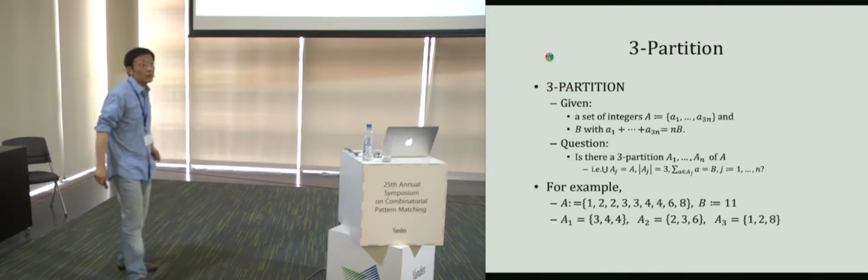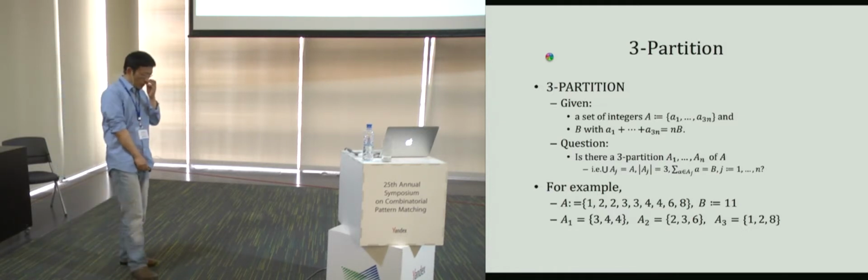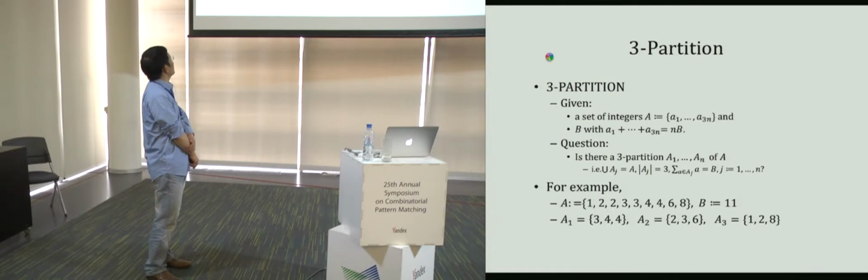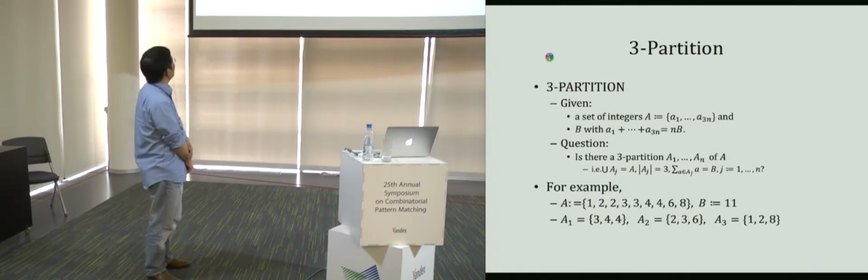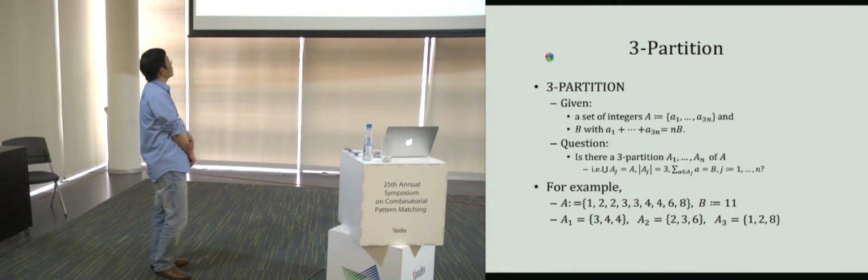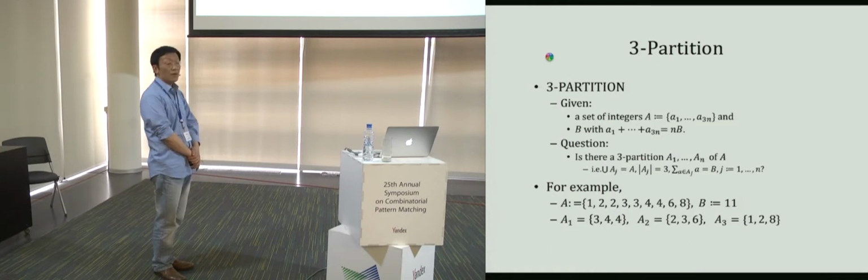3-partition is a problem defined with input being a set of integers a1 to a3n. The question is: can we find n subsets of the set of integers such that the integers in each subset have a sum equal to b?